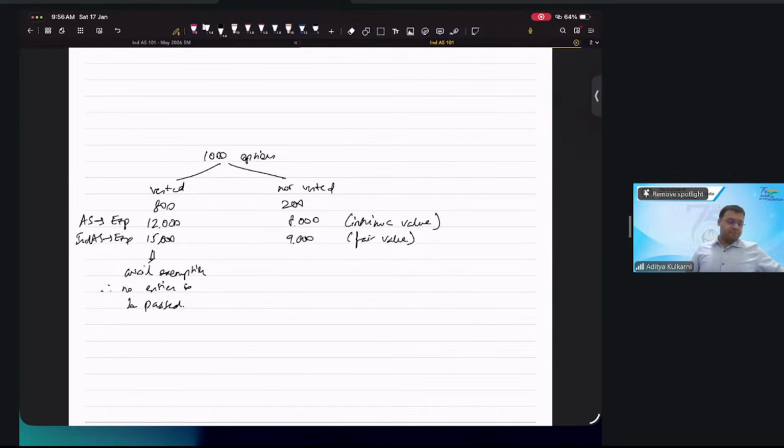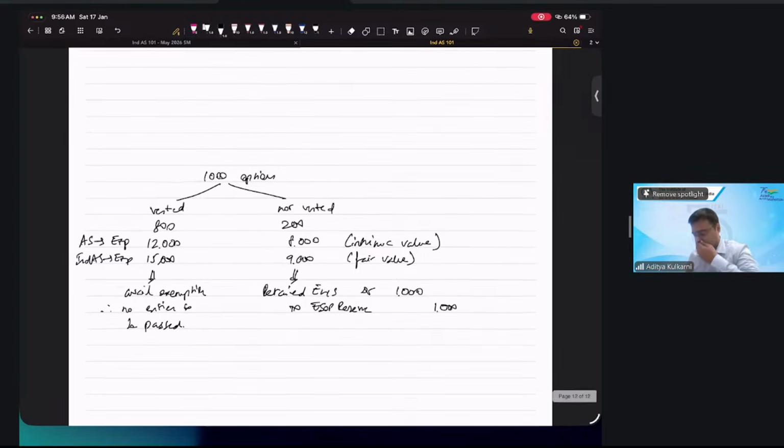Correct? And here, can I avail exemption? Answer is no. These are not yet vested. You will have to move it to fair value. So the entry will be retained earnings debit 1,000 to ESOP reserve 1,000.